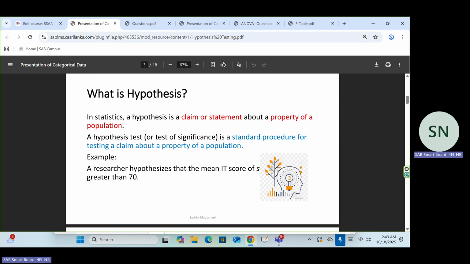We construct the claim about the population parameter. Here the population parameter means the average mark, the mu value. Understood? Then we say the mu value is greater than 40.